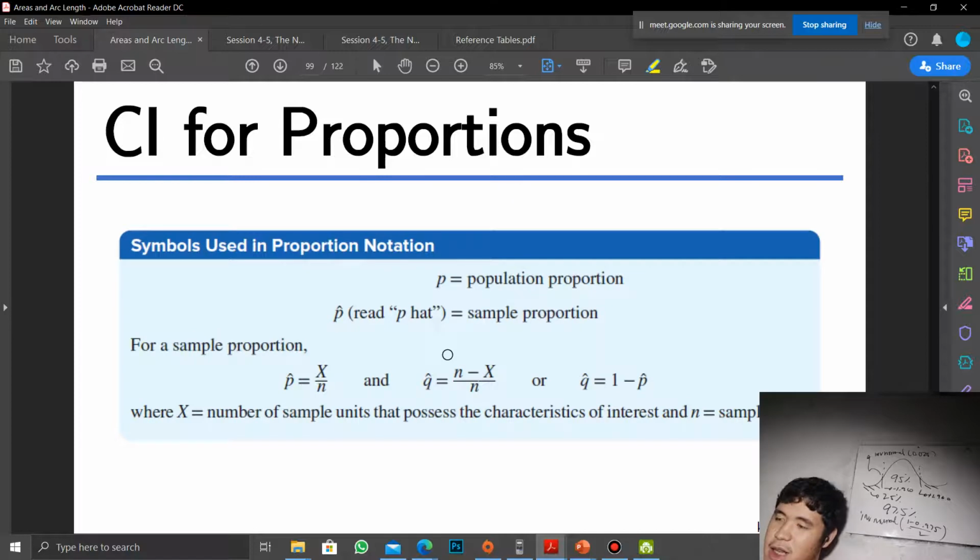So, meron din tayong confidence interval for proportions. Proportion is a convenient way to quantify stuff, lalo na pag sobrang laki. P equals population proportion, and P hat is the sample proportion with the characteristics of interest. Okay? And dahil 1 ang total population proportion, ang Q hat is 1 minus P hat.